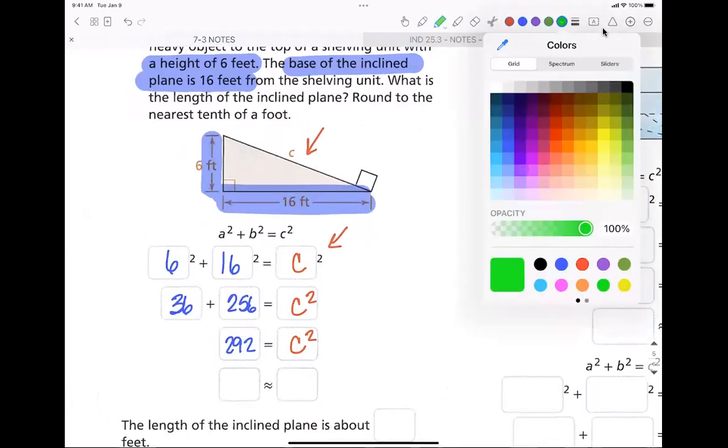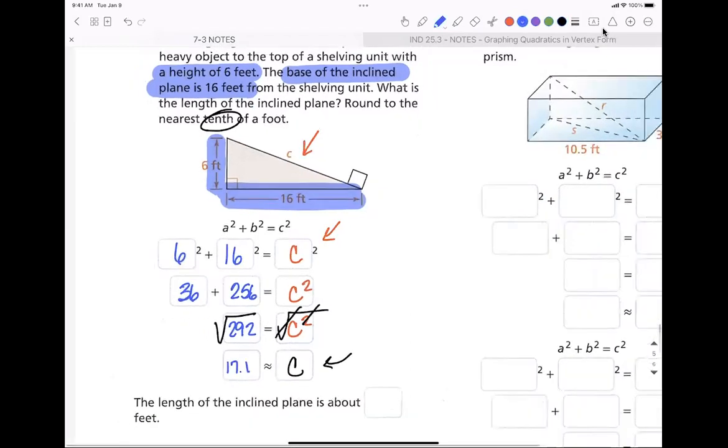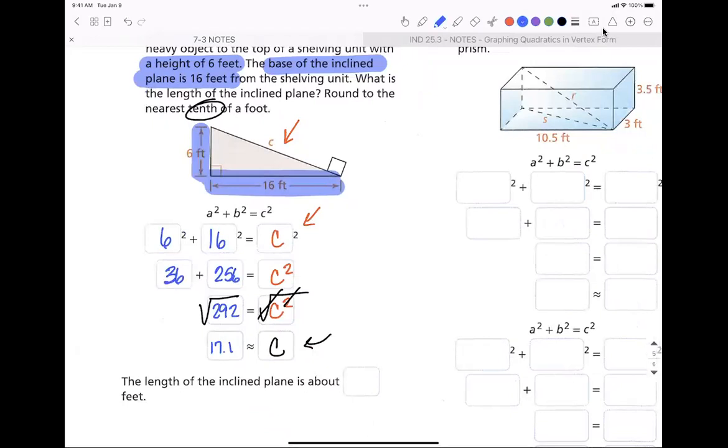Now we are here where we can take the square root of both sides because the square and the square root cancel out, dropping our C. Again, remember, our C was our unknown, so you should still have an unknown all the way down here at the end. And Micah, what is the square root of 292 rounded to the tenth? Okay, so it says the length of the inclined plane is about 17.1, and they already put feet, so we don't have to put feet because they already put it.